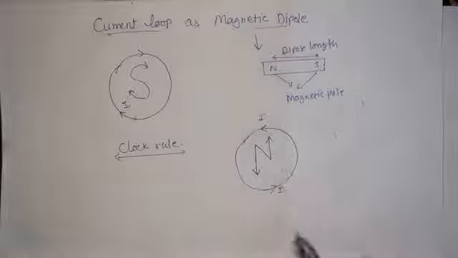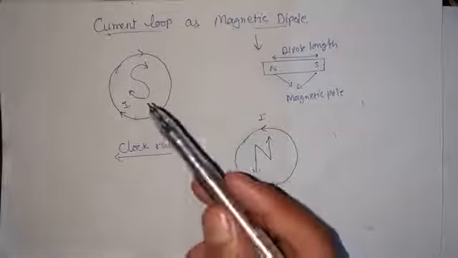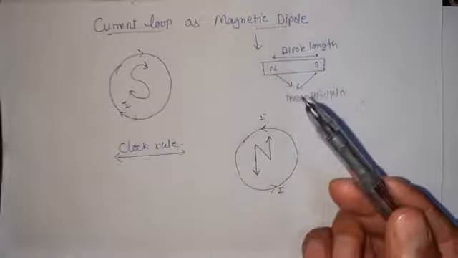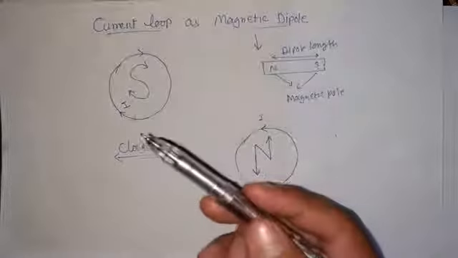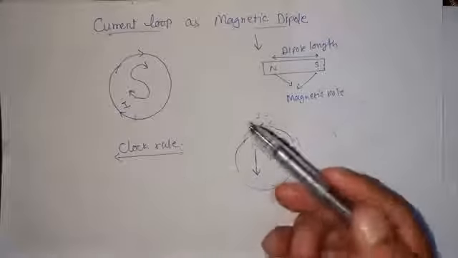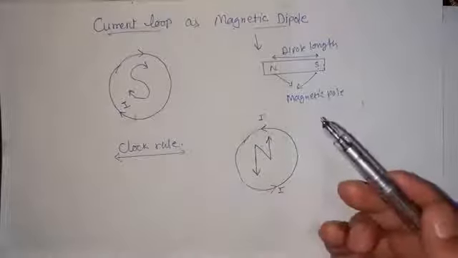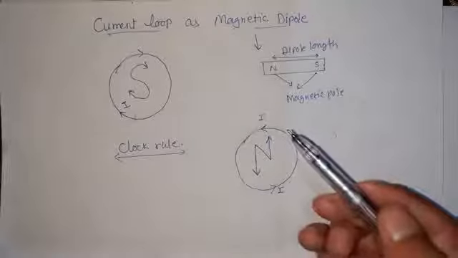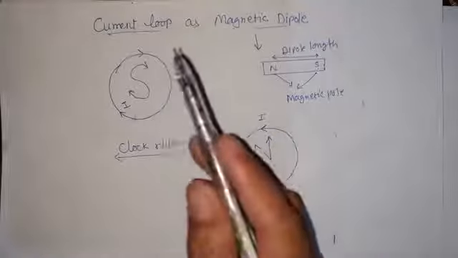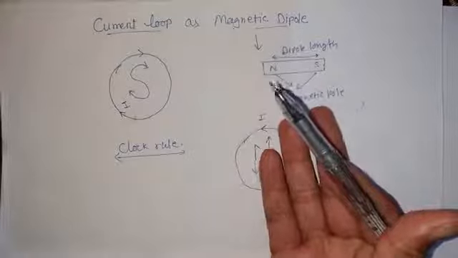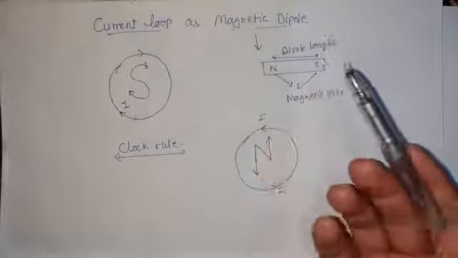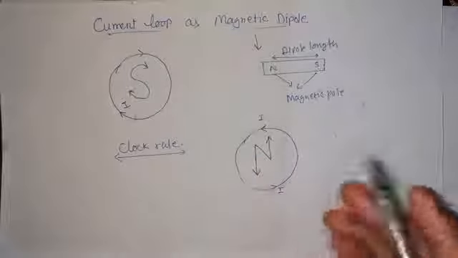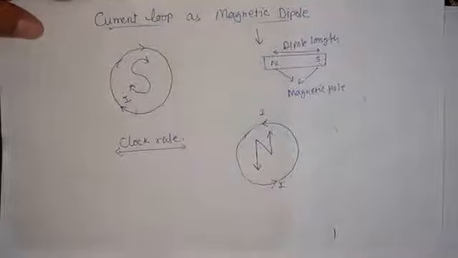So when a current passes through the circular loop, one face will behave as north pole while the other will behave as south pole. Thus this current loop behaves as a magnetic dipole, so it also has two poles.